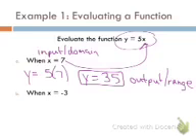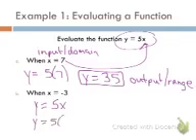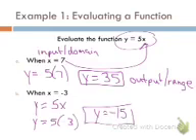Okay, I want you to do B on your own. Okay, so now on B, I still start with the same function, y equals 5x. Except now, what value am I substituting in for x, Justin? Negative 3. y equals 5 times negative 3, and y equals negative 15. And that's my answer, okay?